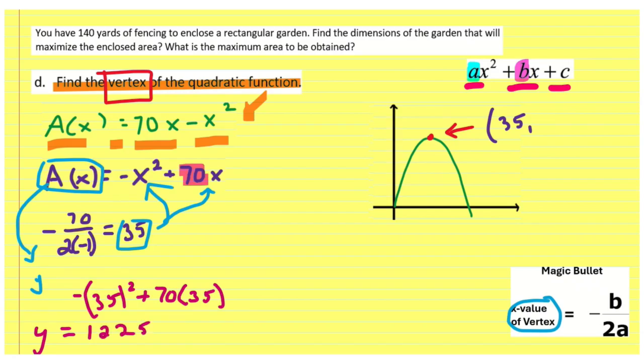So the y value is going to be 1225. So the vertex, which is at the top of my parabola, has the coordinates of 35, 1225.